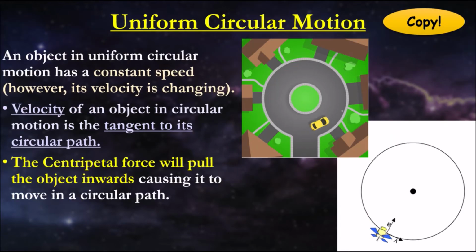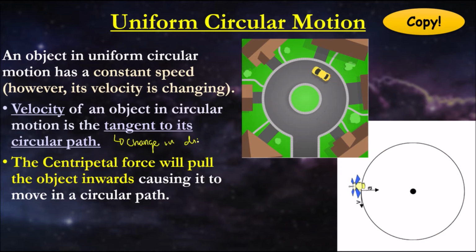Okay, so uniform circular motion is an object that's moving at a constant speed. However, its velocity is changing because there is a change in direction, due to the tangent to its curvature.